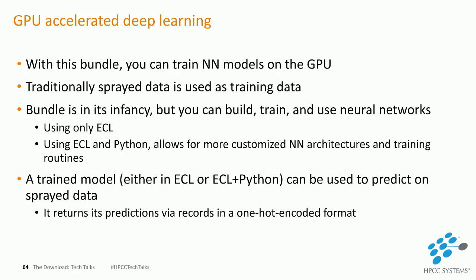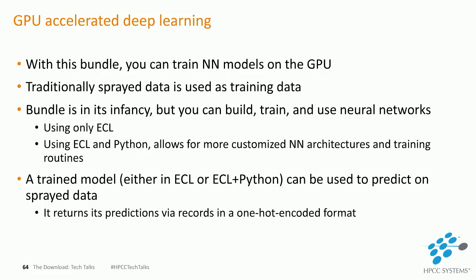So with this bundle, you can train neural network models on the GPU. You can also do it on the CPU if you so desire, using data that's stored in HPCC. It's sprayed on HPCC in the standard way. This bundle is brand new, still in its infancy, but you are able to build, train, and use a neural network model by using either ECL only or using ECL and Python together, if you want, so you can have fully customized neural network models to train on data housed on HPCC.